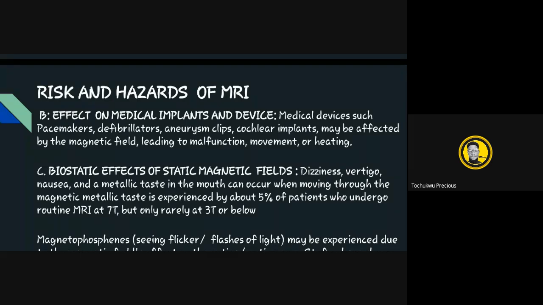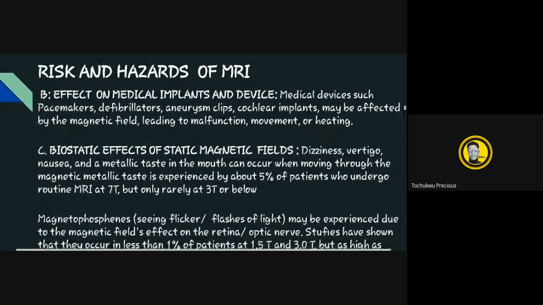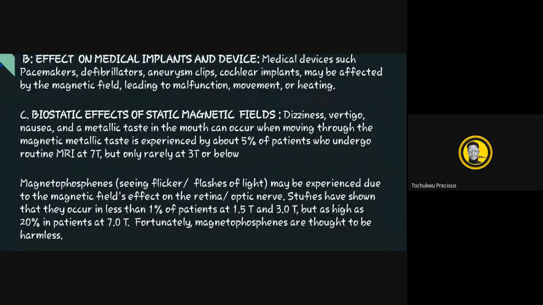Then we also have biostatic effects of the static magnetic field. We have dizziness, vertigo, nausea, and a metallic taste in the mouth. It can occur when moving through a magnetic field. A metallic taste is experienced in about 5% of patients who undergo routine MRI at 7 Tesla.